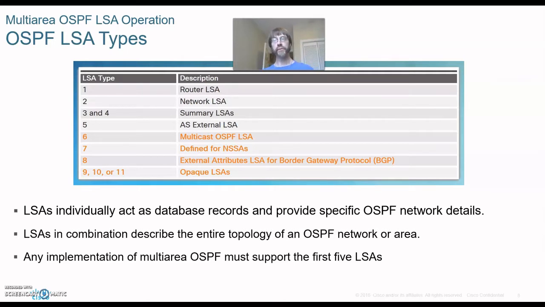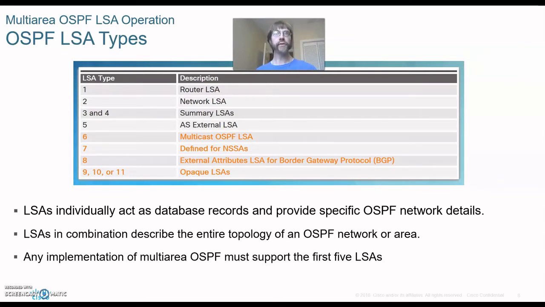Now we need to start talking about these LSAs. We've dealt under the hood with type 1 LSAs. Once you do the area range or network summary configuration, the router will start sending type 4s.